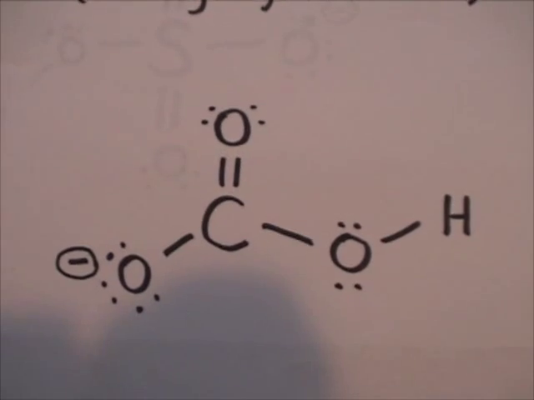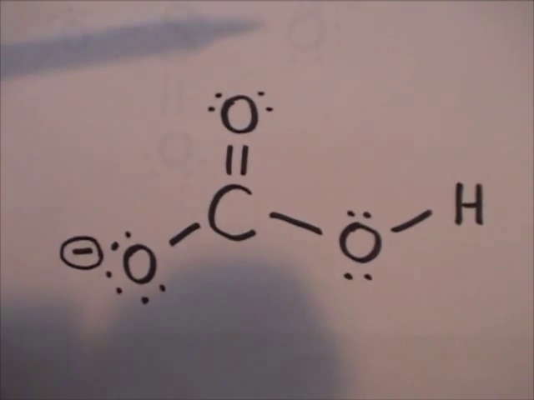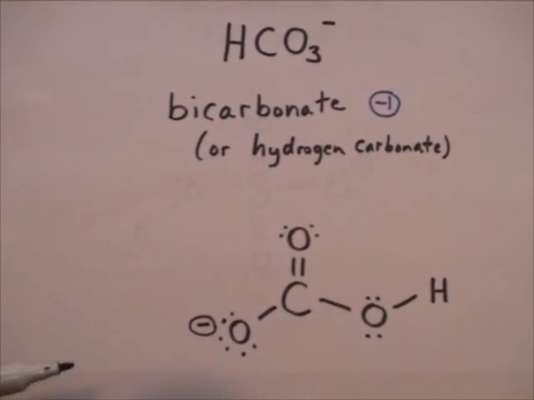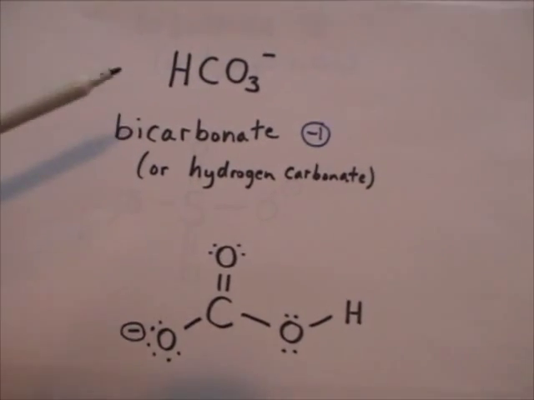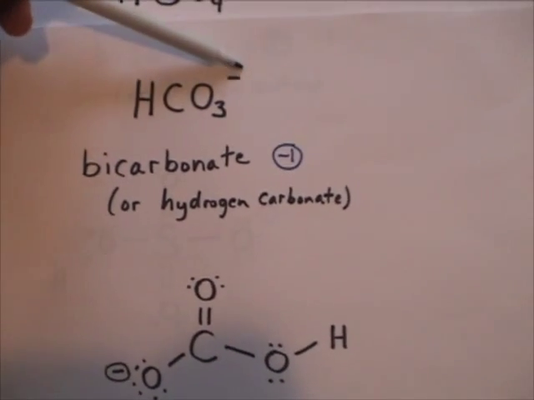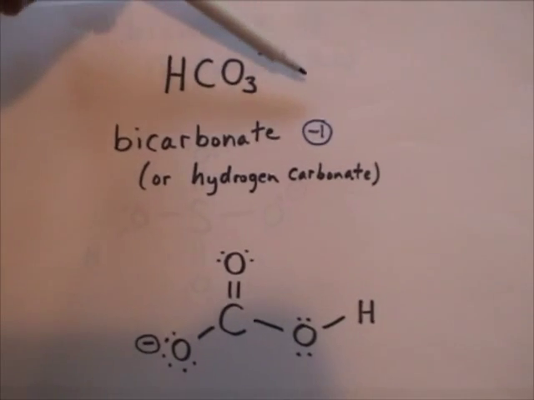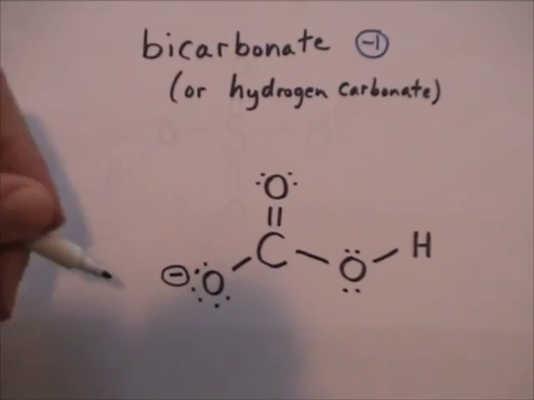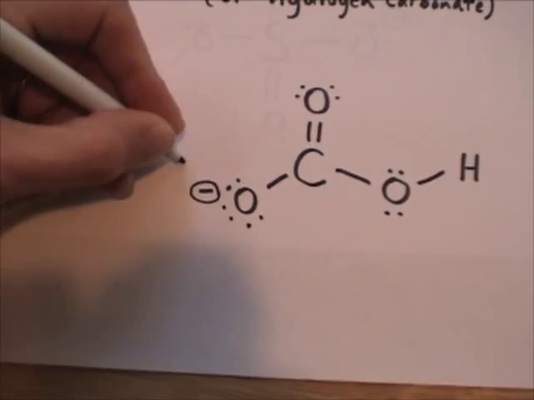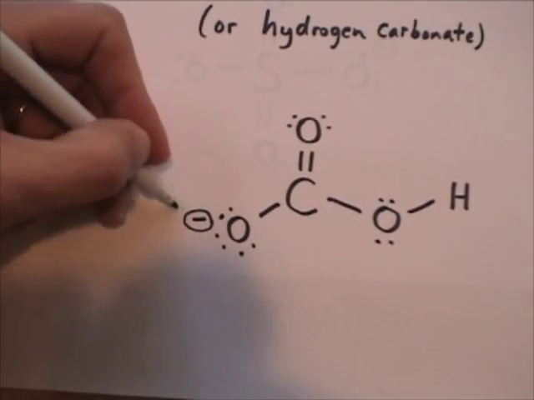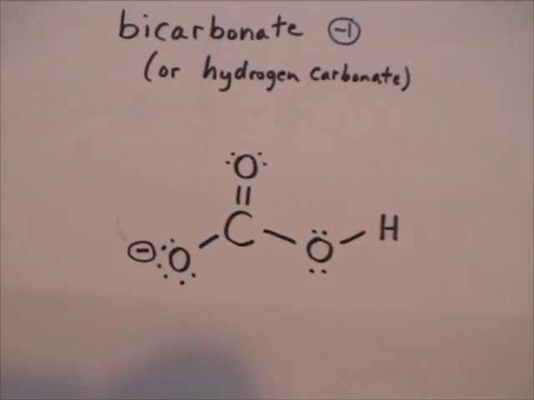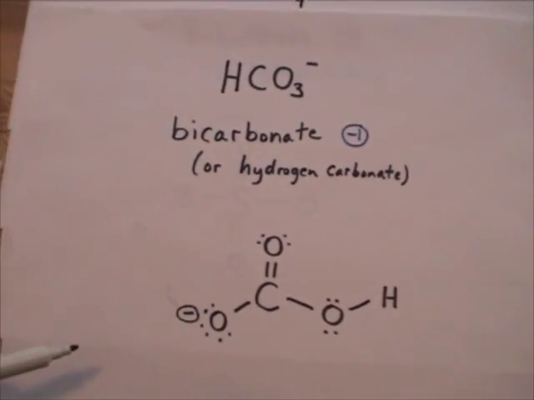So that could either act as an acid or a base. Bicarbonate. This is what's in baking soda. In baking soda, this negative charge is neutralized by a sodium cation. So you would see an Na+ with an ionic bond to neutralize that negative charge on this oxygen. Bicarbonate.